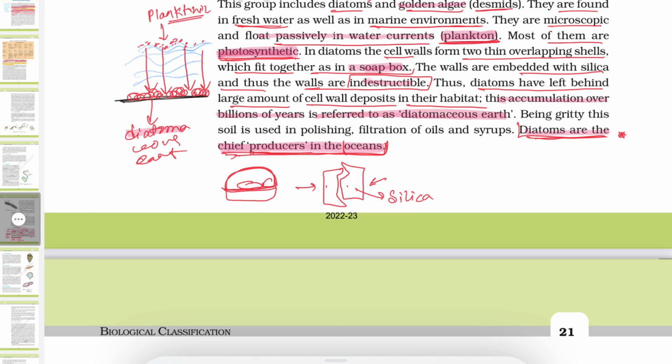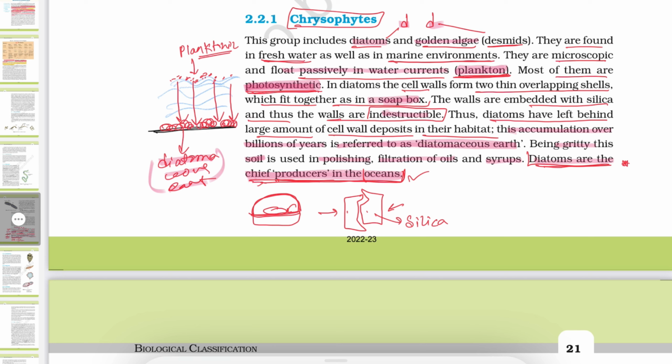Now this diatomaceous earth is gritty, and it appears like a soil. This soil is used in polishing and filtration of oils and syrups. Diatoms are the chief producers of the ocean. Here the important point is that chrysophytes are of two types, D for diatoms and D for desmids.